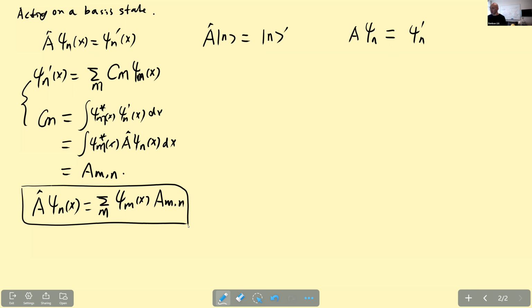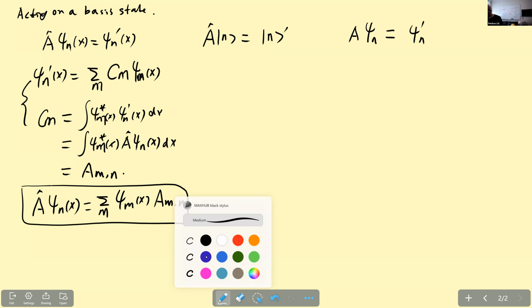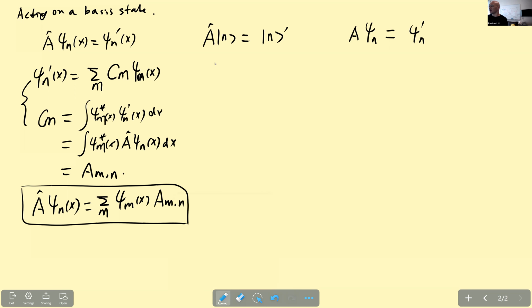Okay. And then similarly, you have A acting on this one, right? So this state can also be written as a superposition of the basis states, right? And this coefficient again will equal to the matrix element. Sorry, this index should be right here, okay?